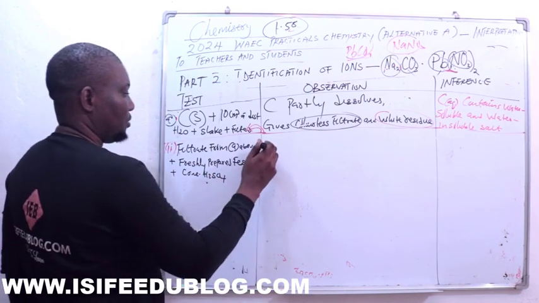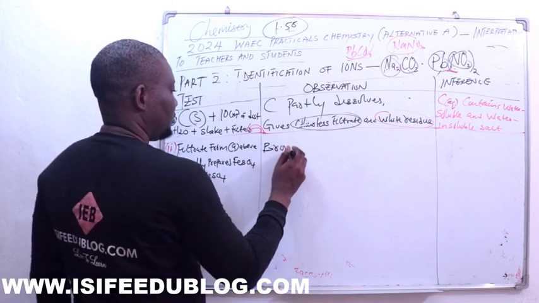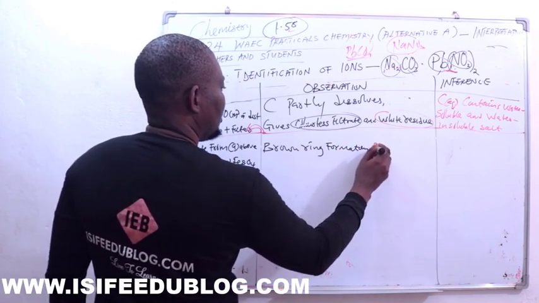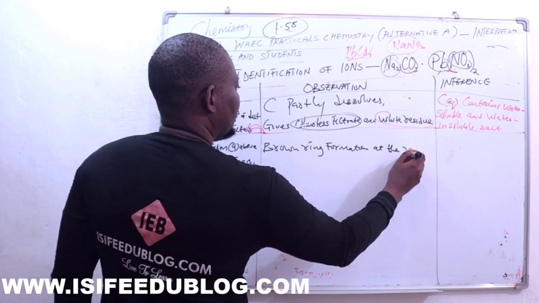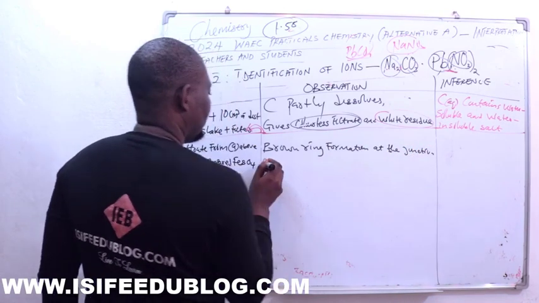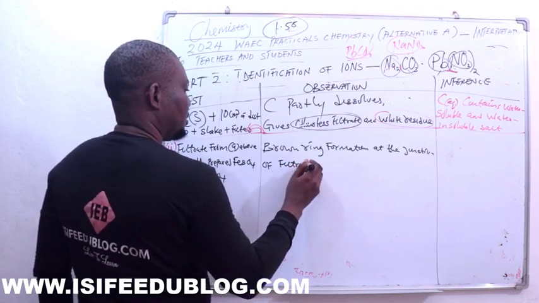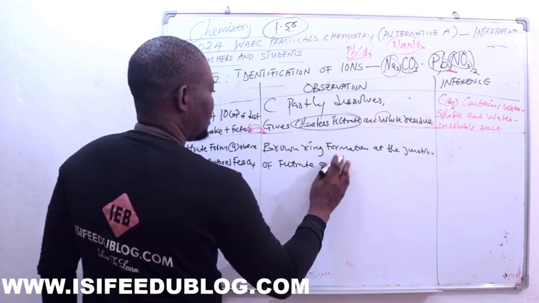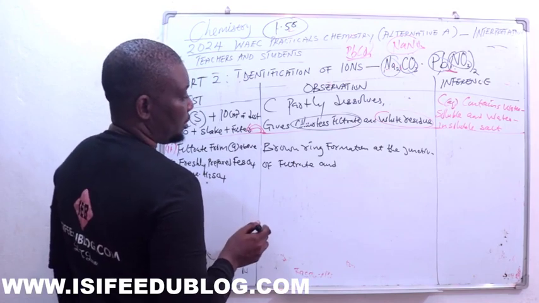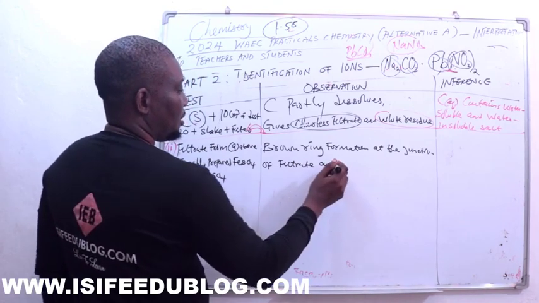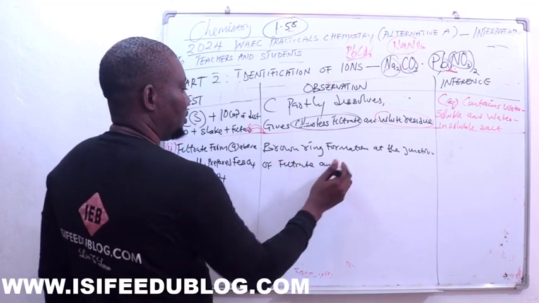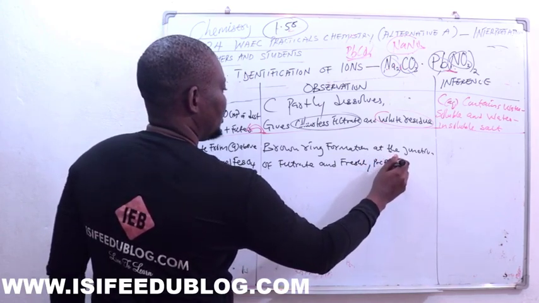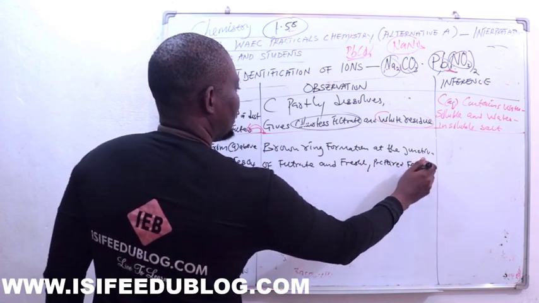Immediately this is added, you are going to see a brown ring formation at the junction of the filtrate and the freshly prepared iron(II) sulfate.